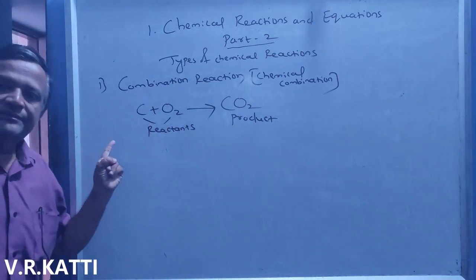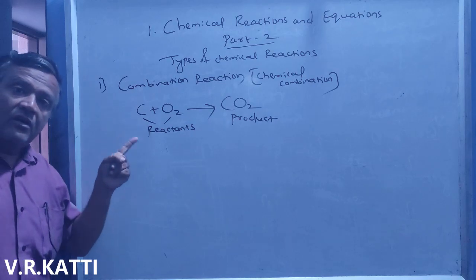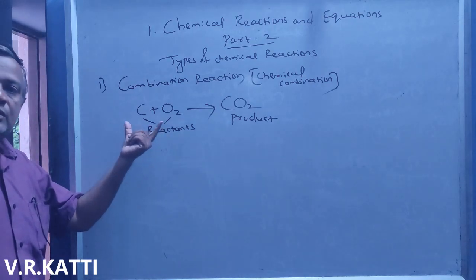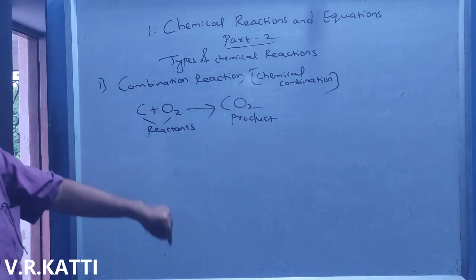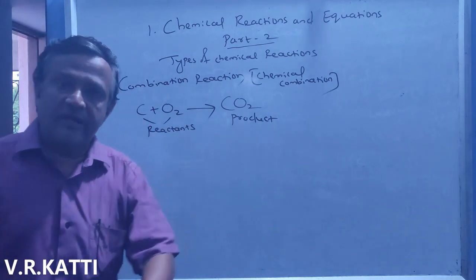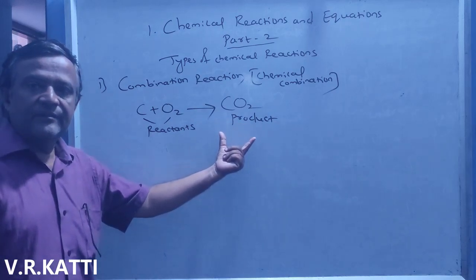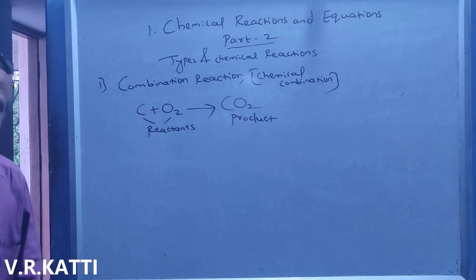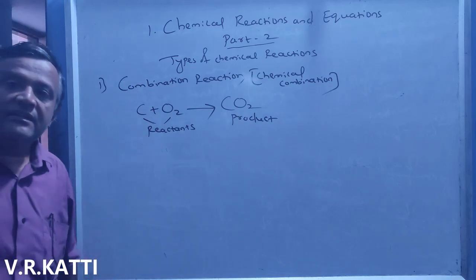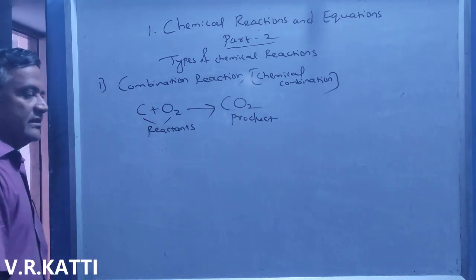Students, understood? 2 or more reactants chemically combine to form a single product. So the product is single, and it is called chemical combination or combination reaction.